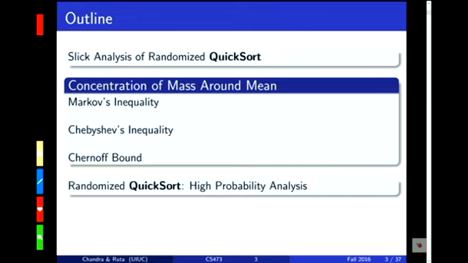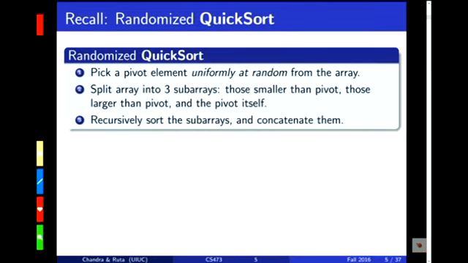Okay, so let's recall the algorithm. You have an array of n numbers, unsorted, right? We pick a pivot uniformly at random, so the probability of picking any element is 1 over n.